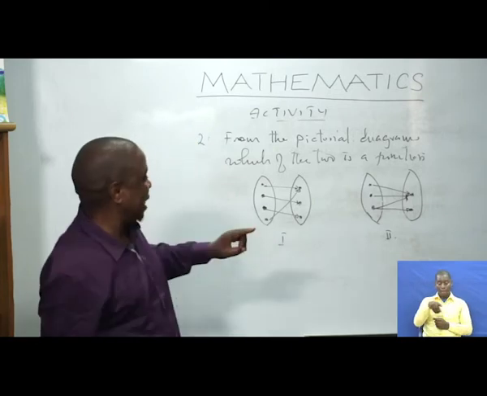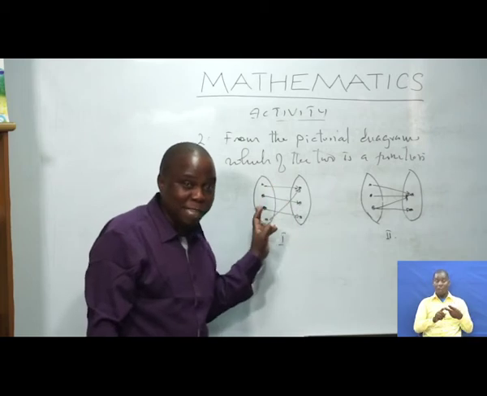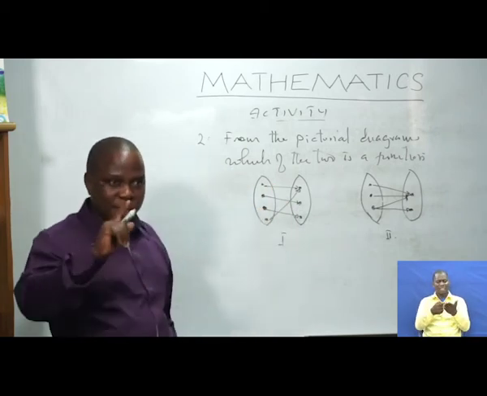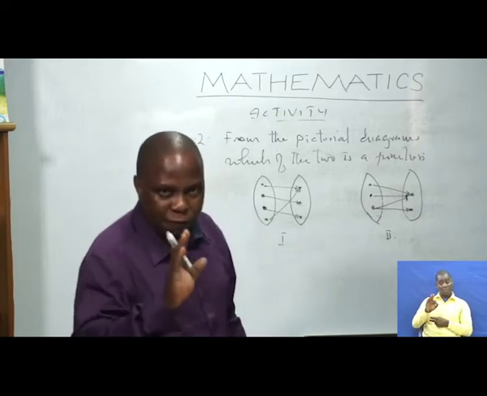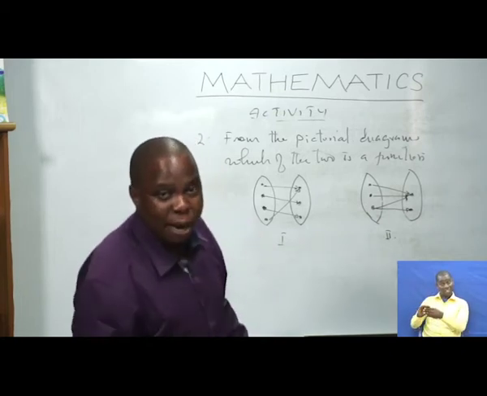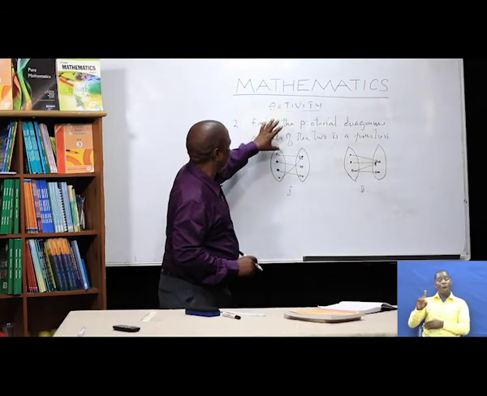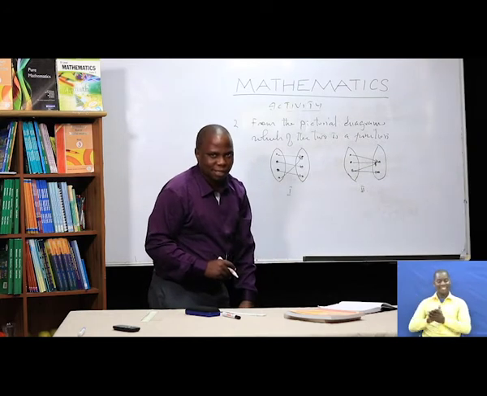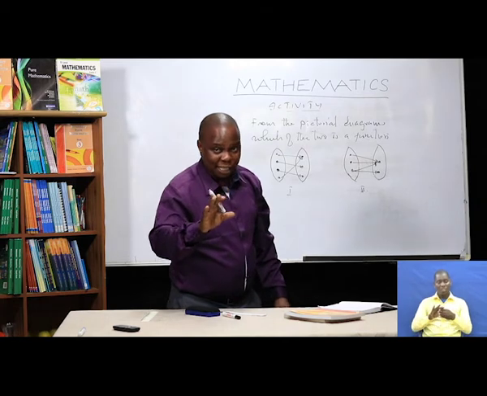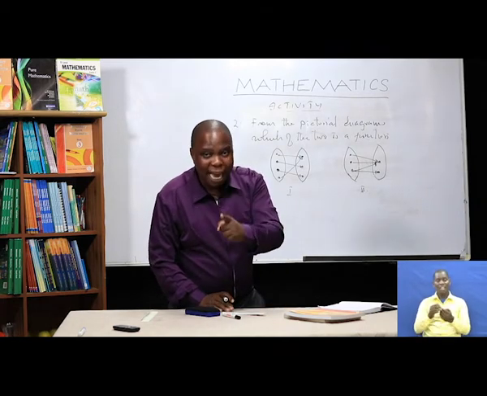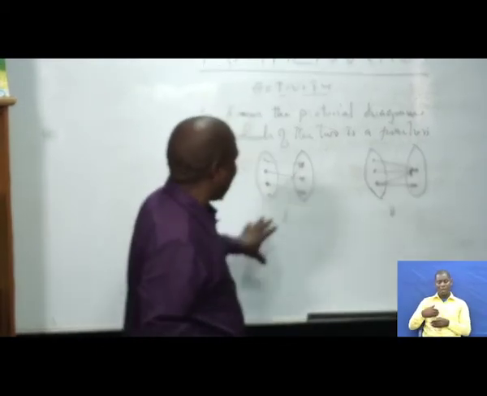We have already seen the pictorial representation of the function as in activity number 2, and also the representation by using ordered pairs. There are other ways of representing relations, by using equation and by using graph. But today, we'll only end up with this.